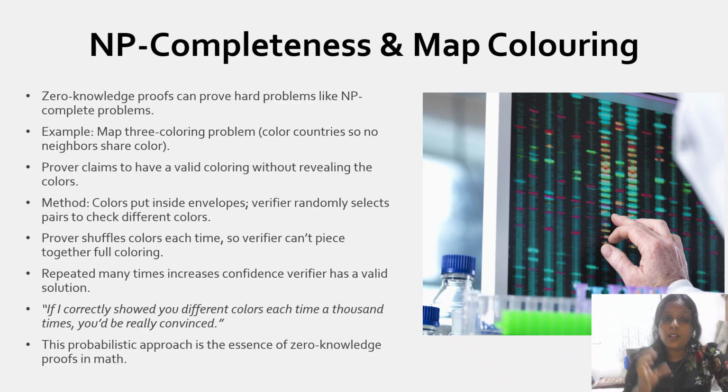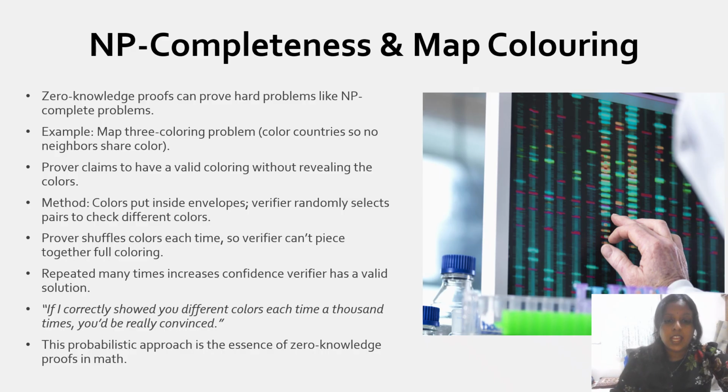We should know all the core principles or all the nitty-gritty details for solving the problem. Such kind of solutions doesn't exist, right? Like a perfect solution for a hard problem doesn't exist. So yes, now we can use zero knowledge proofs to prove hard problems like NP complete problems.